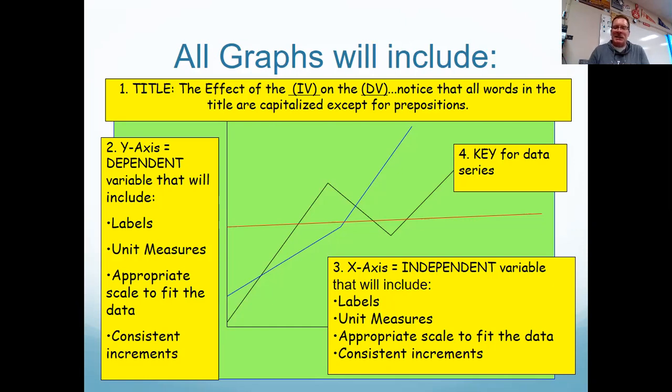The x-axis is the independent variable: labels, units of measure, appropriate scale, and consistent increments. And then a key for data series. But the first three are absolutely important in the AP Bio exam, and important for Honors Chem when you have to turn in a graph too.